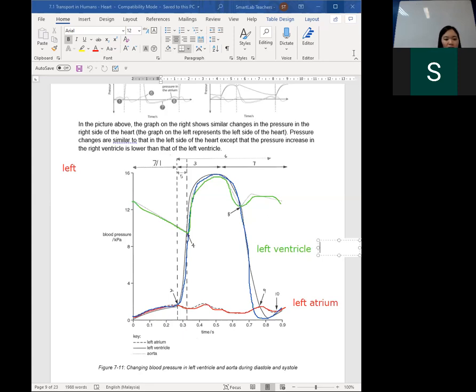Wait, I need to change it to blue first. So this is the left ventricle. This is the aorta. So remember, in between the left atrium and left ventricle, what is the valve in between them?